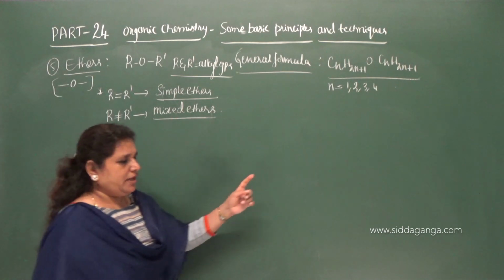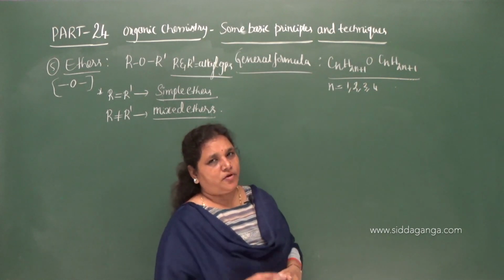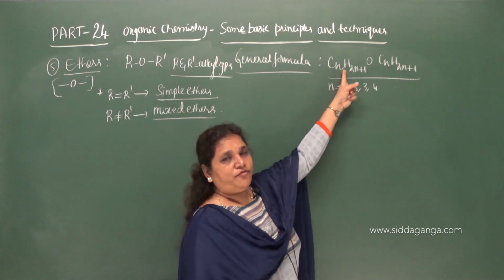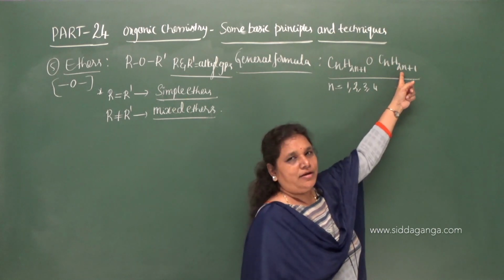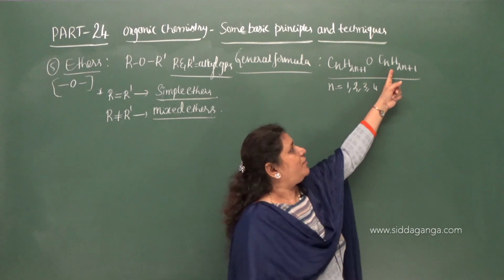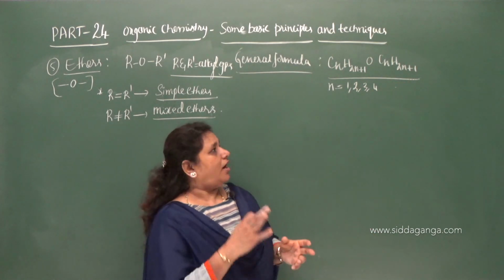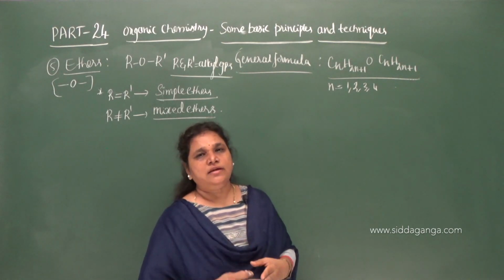For simple ethers, we give the same value of n for both sides. But for mixed ethers, you can give n is equal to 1 here and n is equal to 2 here. If you give n is equal to 1, it becomes a methyl group. If you take n is equal to 2, it becomes an ethyl group. So the alkyl groups will be different and that ether will be a mixed ether.